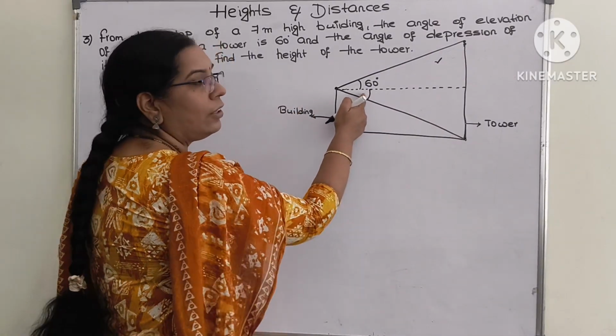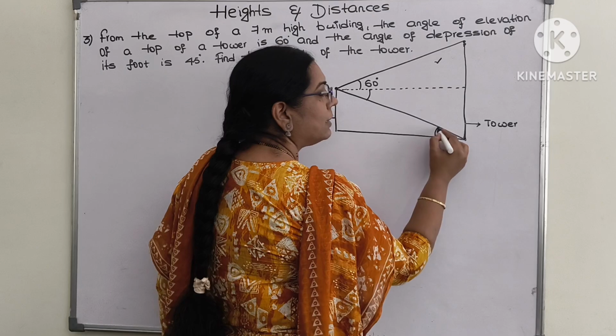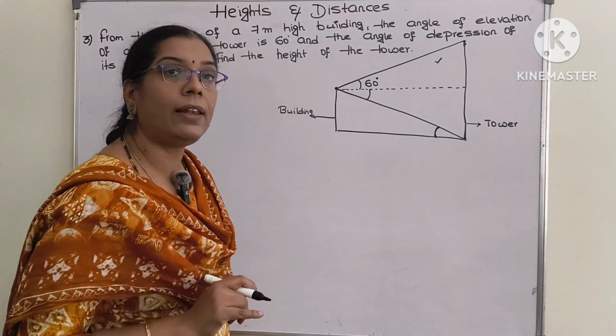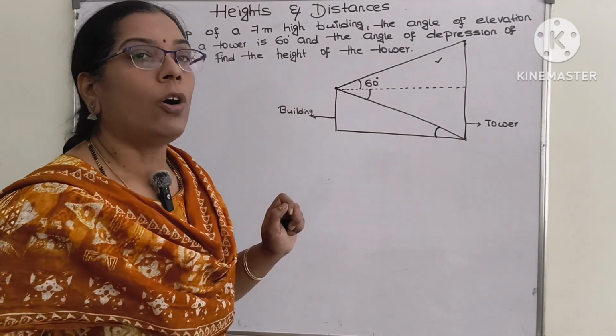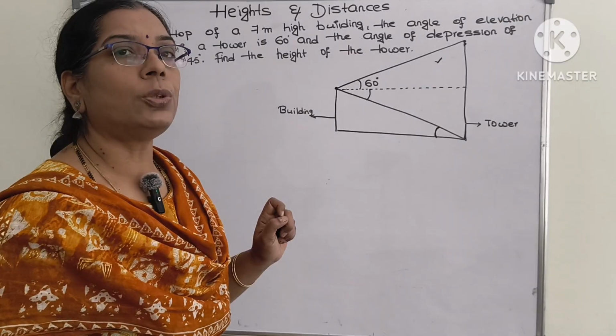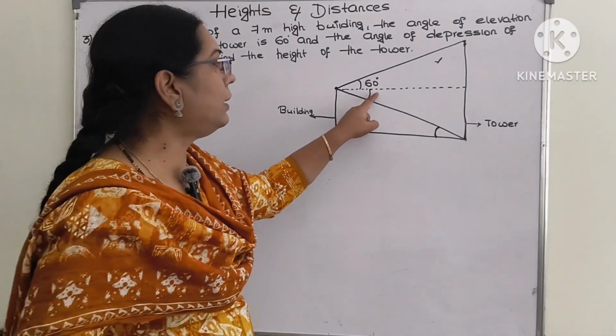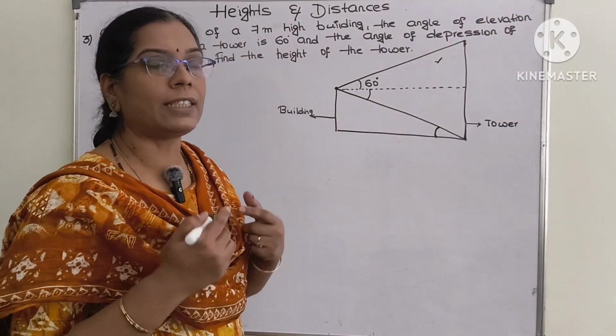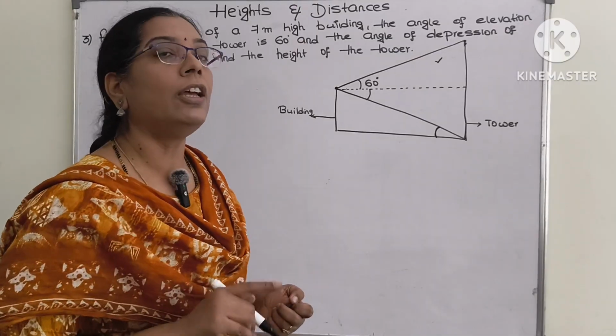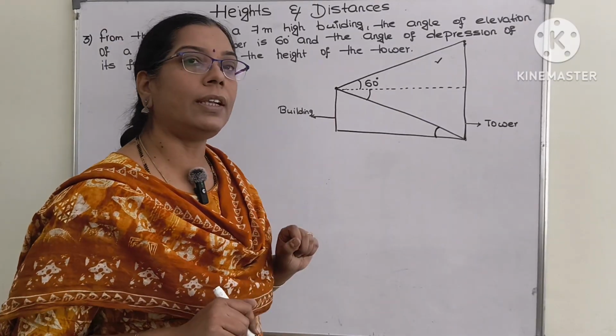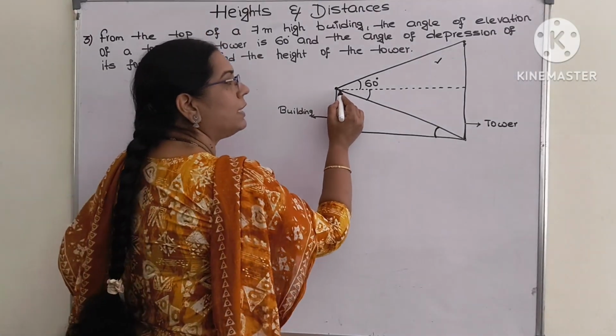And you know, this angle of depression will be the same as this angle inside the triangle because they both form alternate interior angles. Now, students, did you ever think why these two form alternate interiors? Because, see, what did I say?